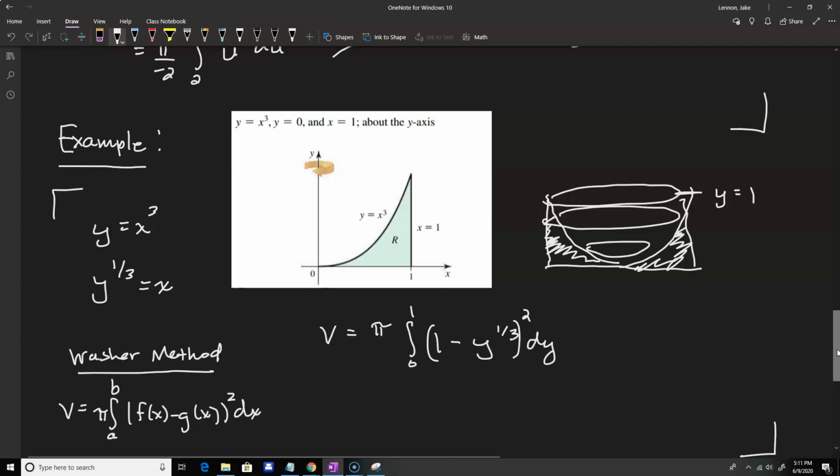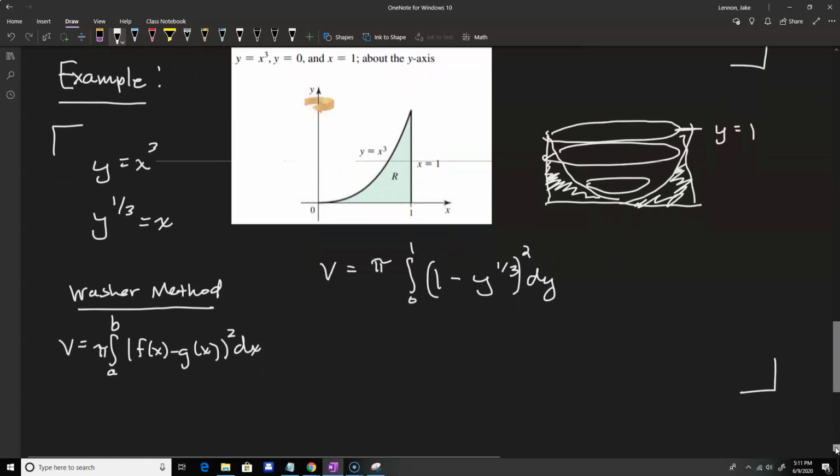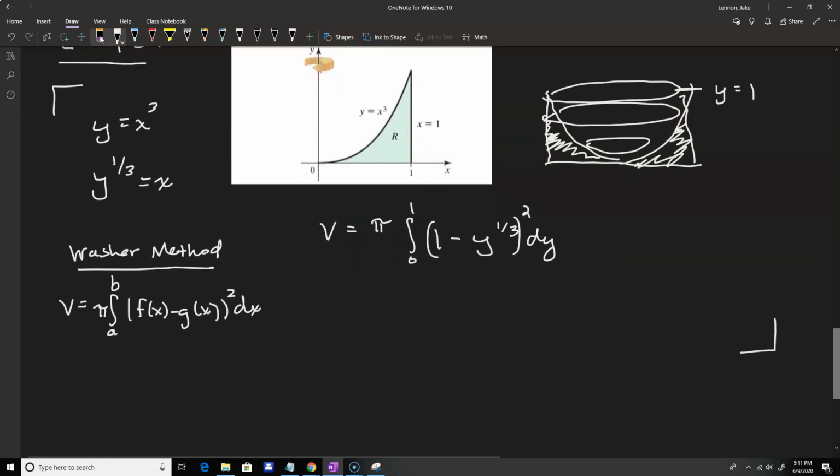So usually with these, you're often going to get a chain rule unless you actually just want to go term by term. But let's go ahead and use the chain rule here. So what are we going to do? We're going to let u equal 1 minus y to the 1/3. So du will be minus 1/3.